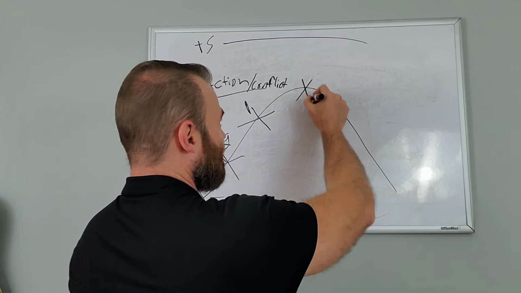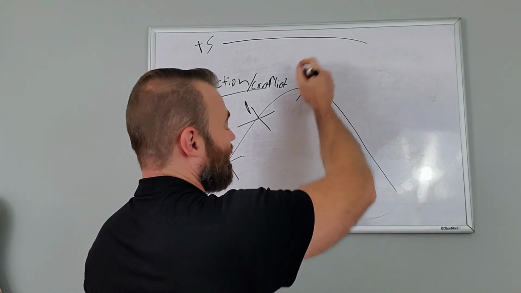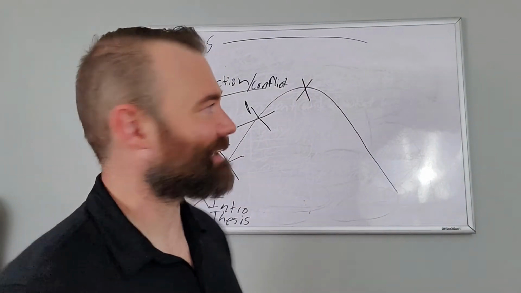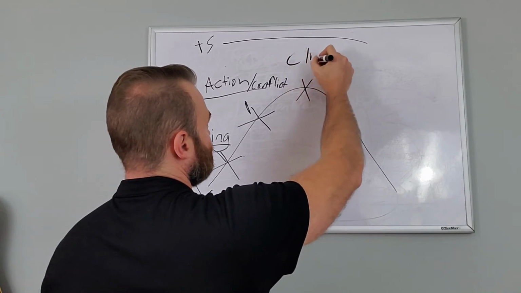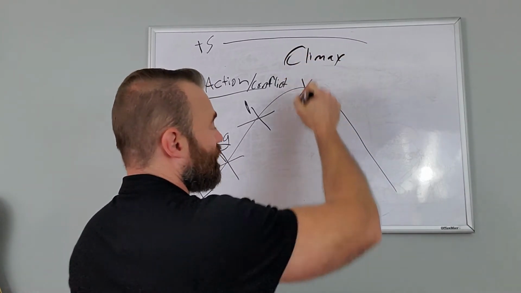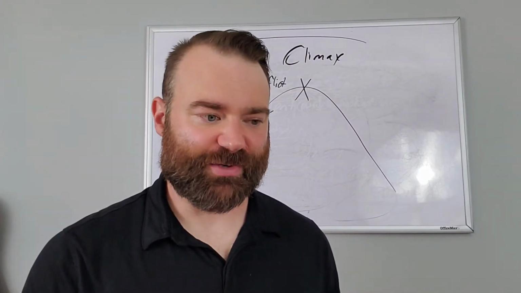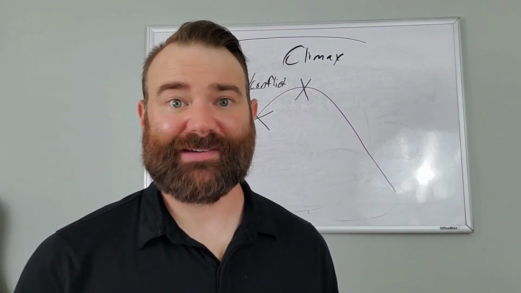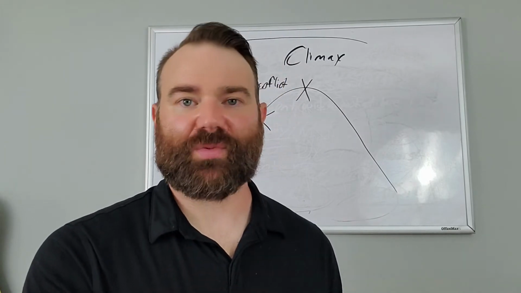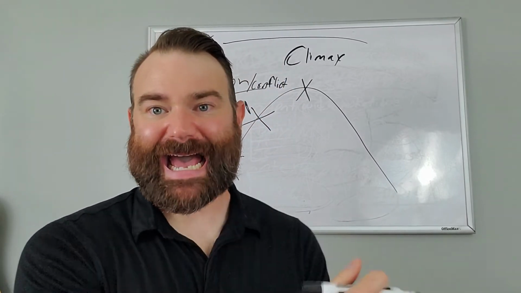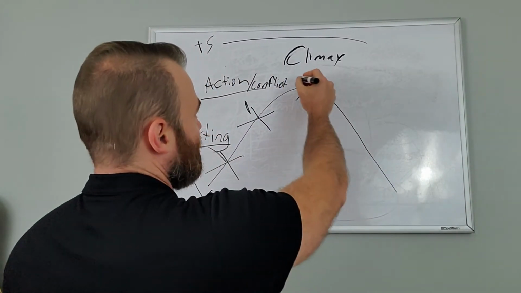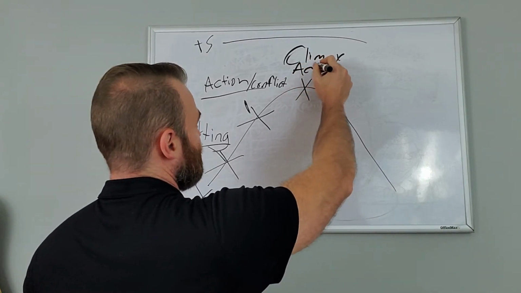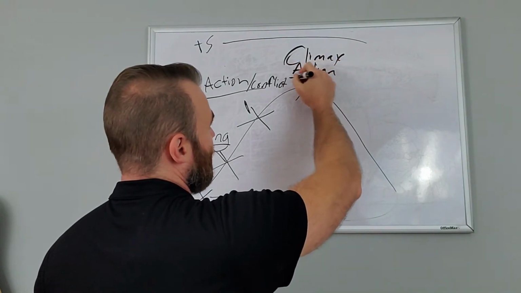Then we're going to have what we call the climax. This is where generally there's some kind of an action that takes place. For me, it was whenever I filled the cup with water. I took action. So there's action that takes place here, and that is the climax.